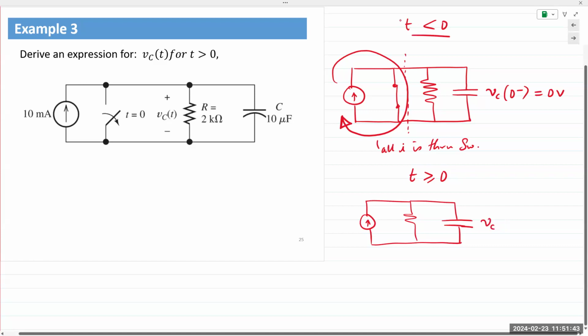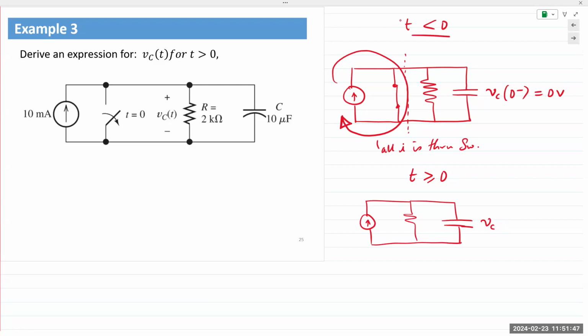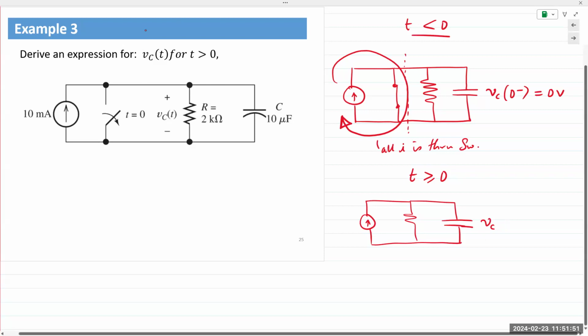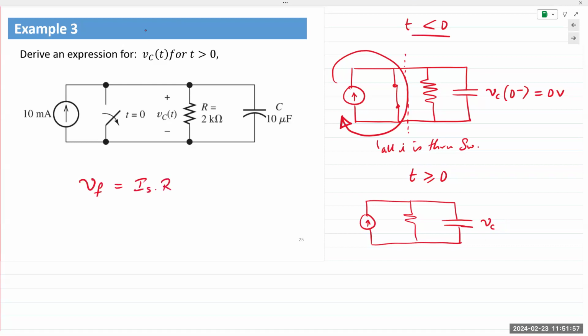The value of that full charge can be obtained by applying Ohm's law to the source. Vf would be equal to Is times R. In this case, it would be 10 milliamps times 2 kilo ohms. This would be 20 volts.